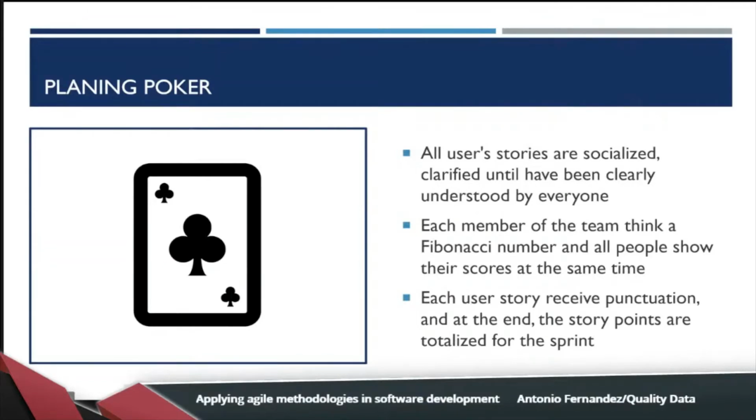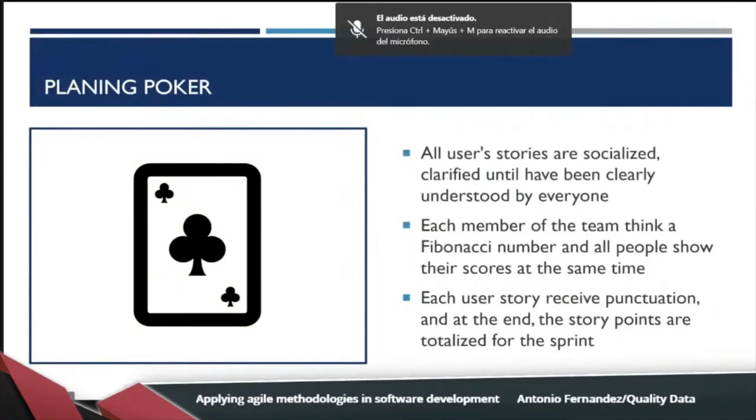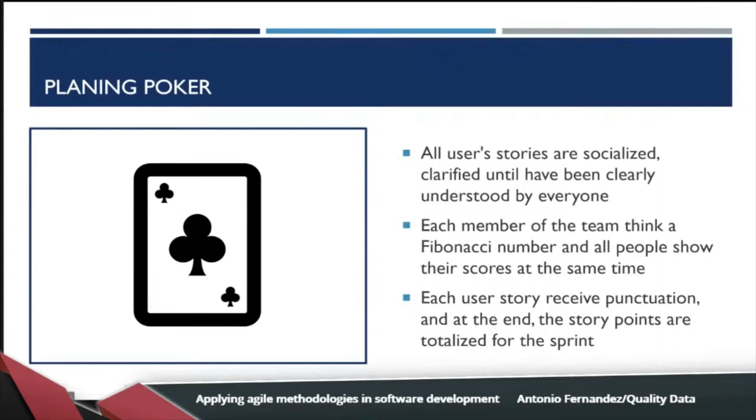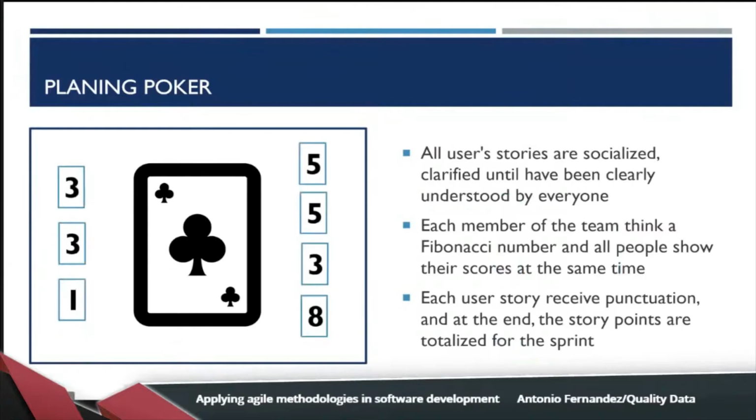for each iteration. For example, we can continue with the last example of the payment button in our e-commerce. Now I imagine that the whole team has thought of a score. At the same time, they show their scores. Here we can observe three important things.